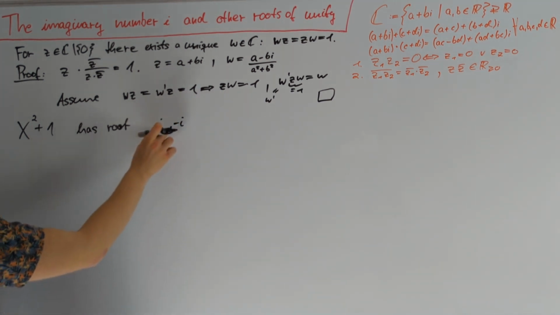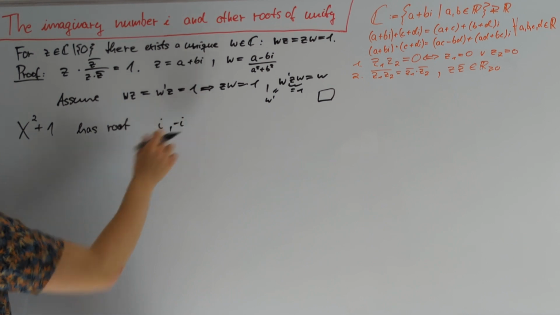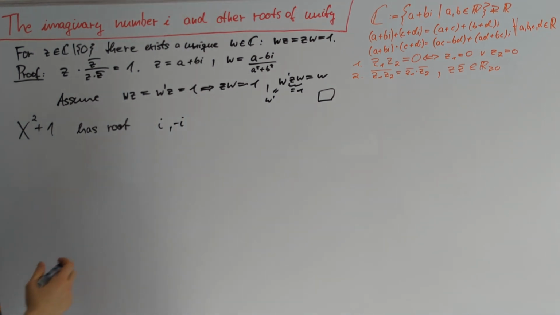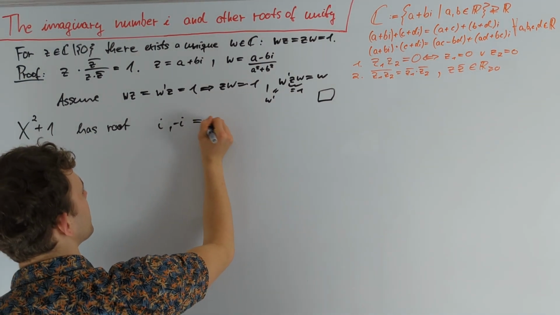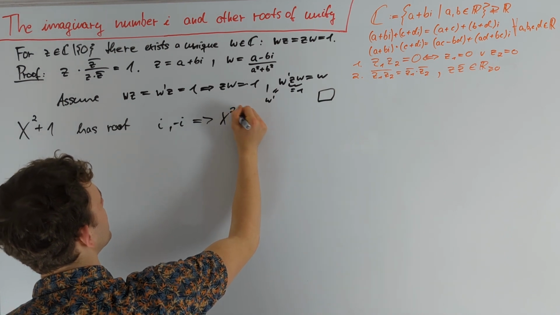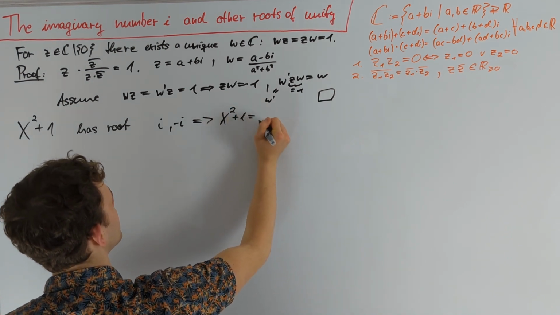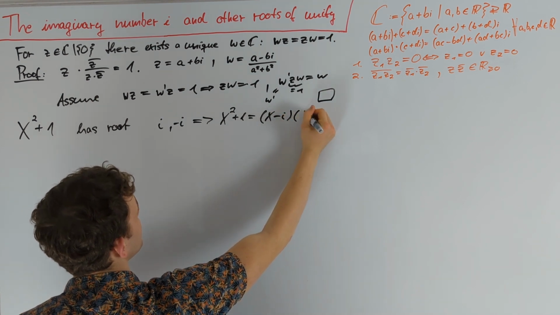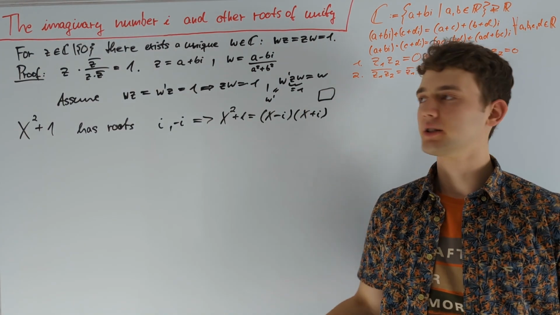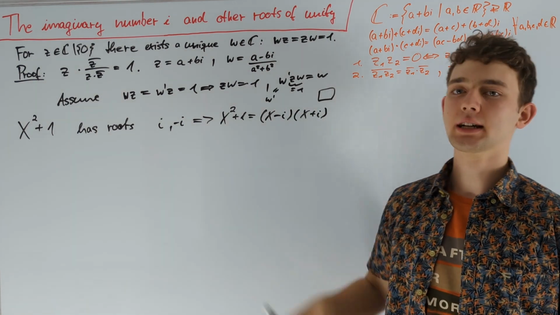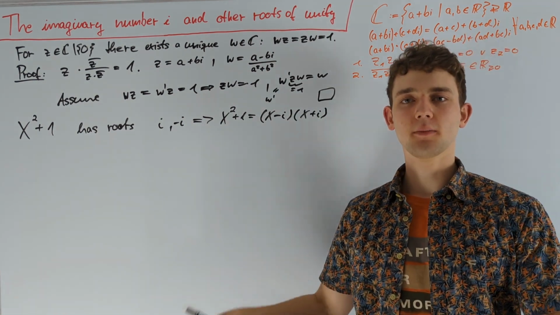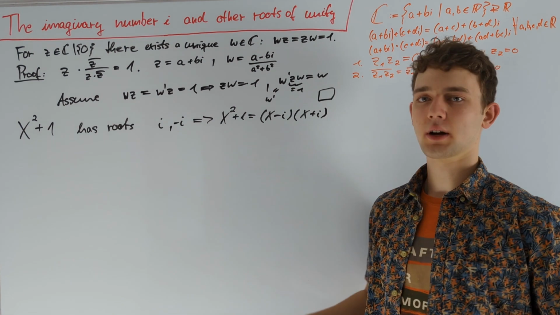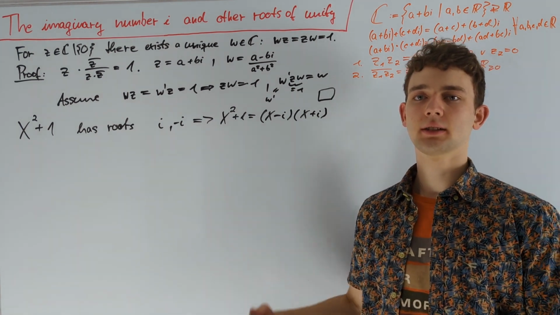And because i is not 0, i and minus i are distinct complex numbers, and therefore it follows that we can factor the polynomial x squared plus 1 into the linear factors x minus i and x plus i. Indeed, a factorization into linear terms is not only possible for x squared plus 1, but over the complex numbers we can do so for every polynomial with complex coefficients.